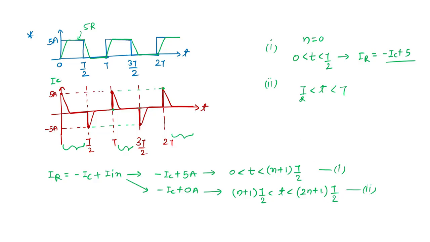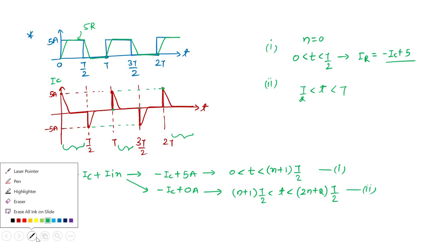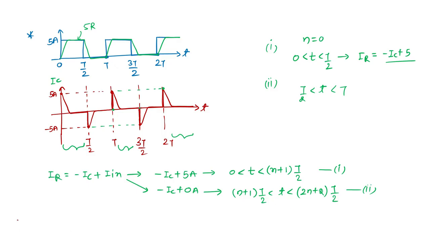I think it is not correctly written. Better to write here n plus 1 times t. I just want to give you a generalized expression for the time, so if I put n equal to 0, it will satisfy this.